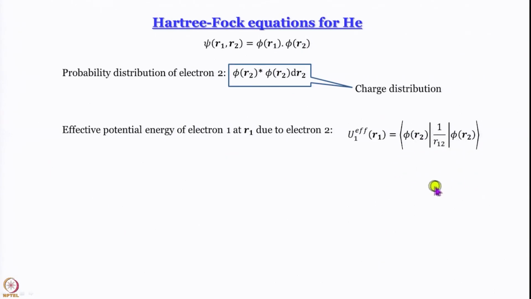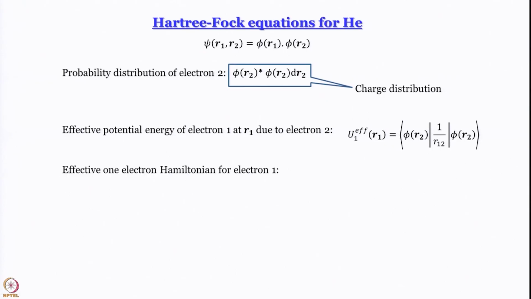So, this is the average value of the potential energy that we get, and we call it the effective potential. Of course, if you could measure at different times, you would get different values. That is why in quantum mechanics we only work with average values. This is the effective or average value of the potential of electron number 1 at its own position due to the presence of electron number 2, because they are going to repel each other, right. So, this is how we define U1 effective.